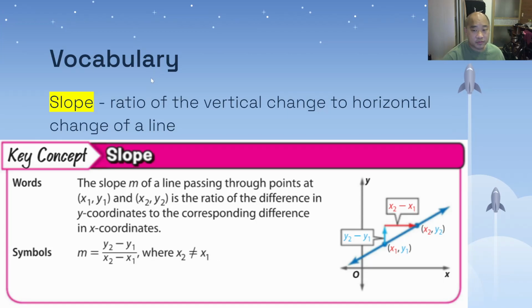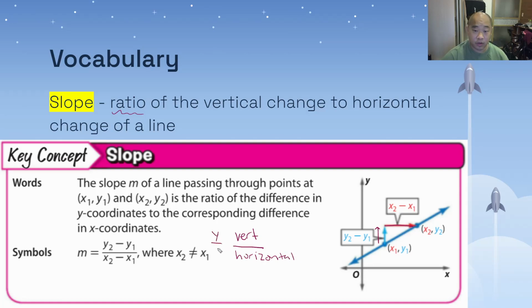So slope is the ratio of the vertical change to the horizontal change of a line. So the vertical change is the change in y, right? So the vertical change is going to be on top in this ratio. And then the horizontal change, this red line right here, is going to be on the bottom.